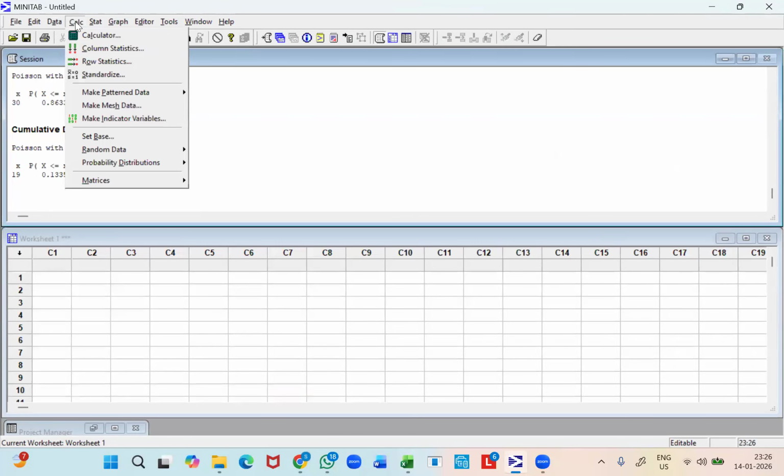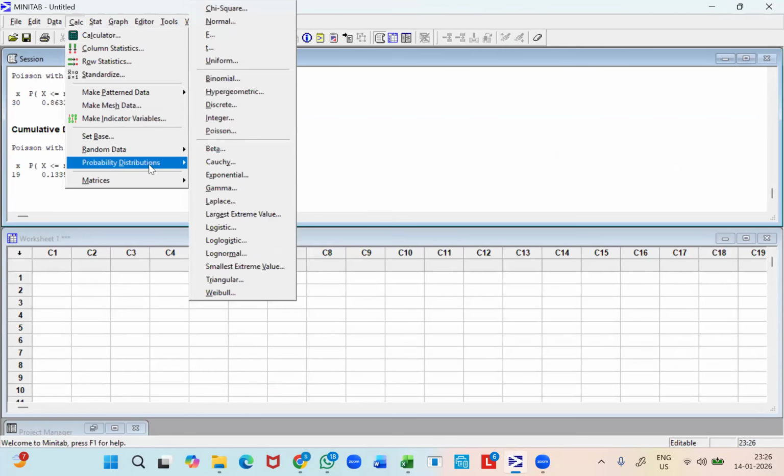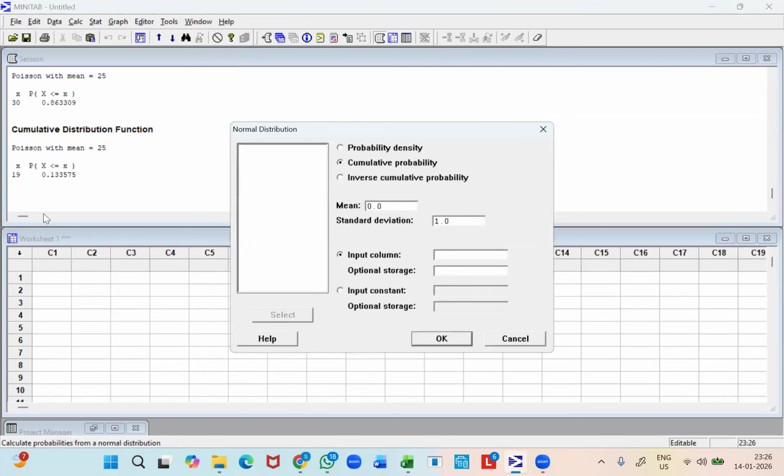So we click on Calc, Probability Distributions. Under that, we have Normal. Let's click on Normal. So we can have cumulative probability. The mean is 32.3 and the standard deviation is 0.2. Choose input constant.